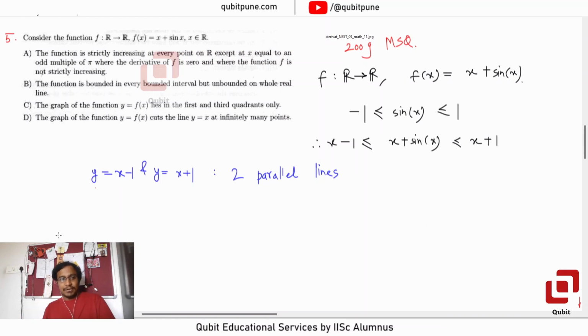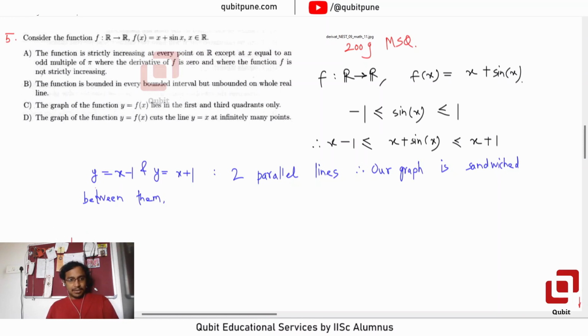So our graph is sandwiched between the two. Now this will help us in recognizing the validity of option B. Okay, I'll come to that later, but first let us look for option D.